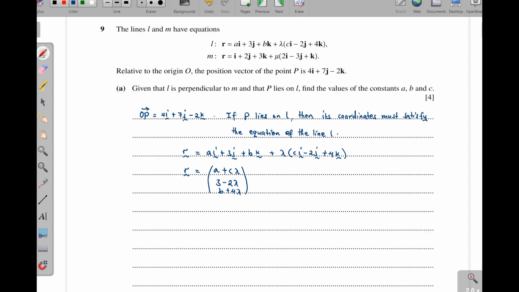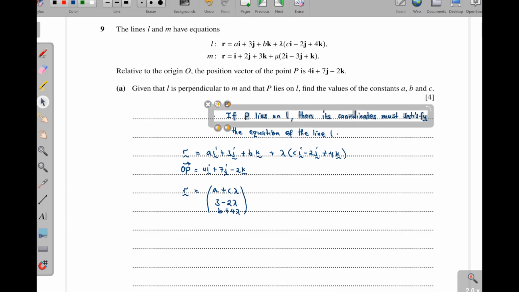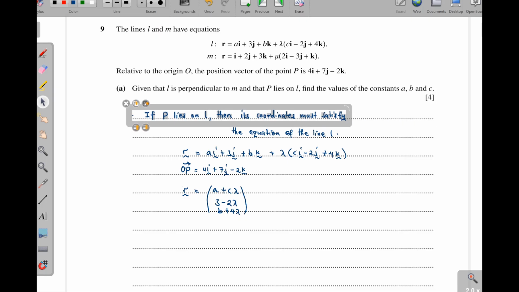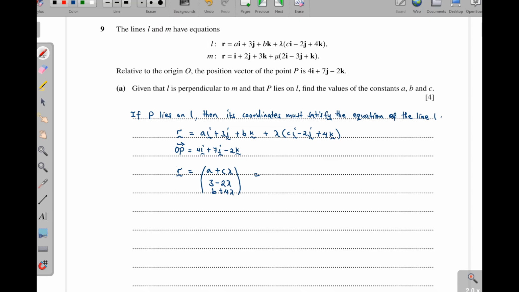Now this will be equal to my OP. So we are going to have something like this here. Now we are going to equate, so they must have the same x coordinate, same y coordinate, and same z coordinate.